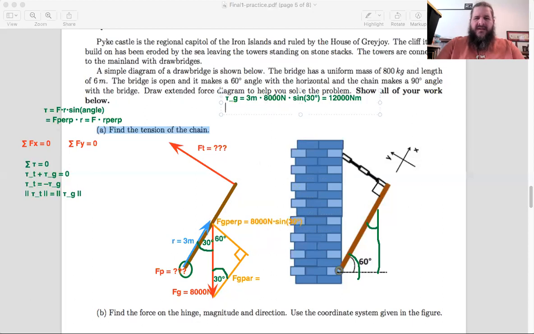We can say that torque from gravity equals R times F perpendicular, which is 3 meters times 8,000 newtons times sine 30. Either way, we get the same thing. R times F times sine theta is the same as R times F perpendicular. Any questions on that so far?